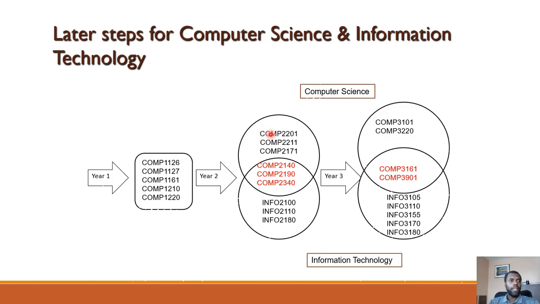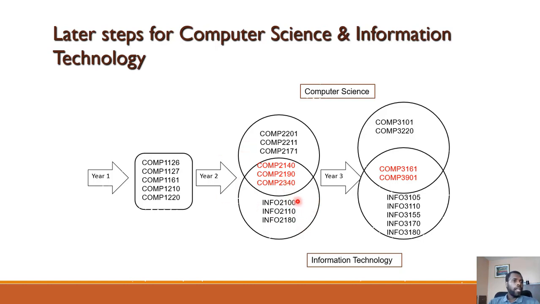Now, if you're studying computer science, you're going to have to take Comp 2201, that's discrete math, Comp 2190, net-centric computing, and Comp 2140, software engineering. You will also have to take Comp 2211, analysis of algorithms, Comp 2171, object technology, and Comp 2340, the computer organization course.